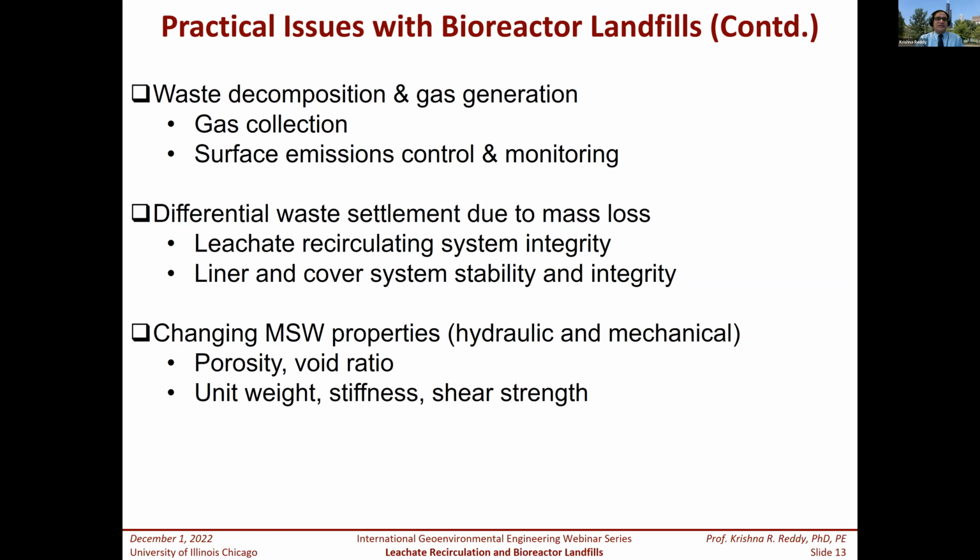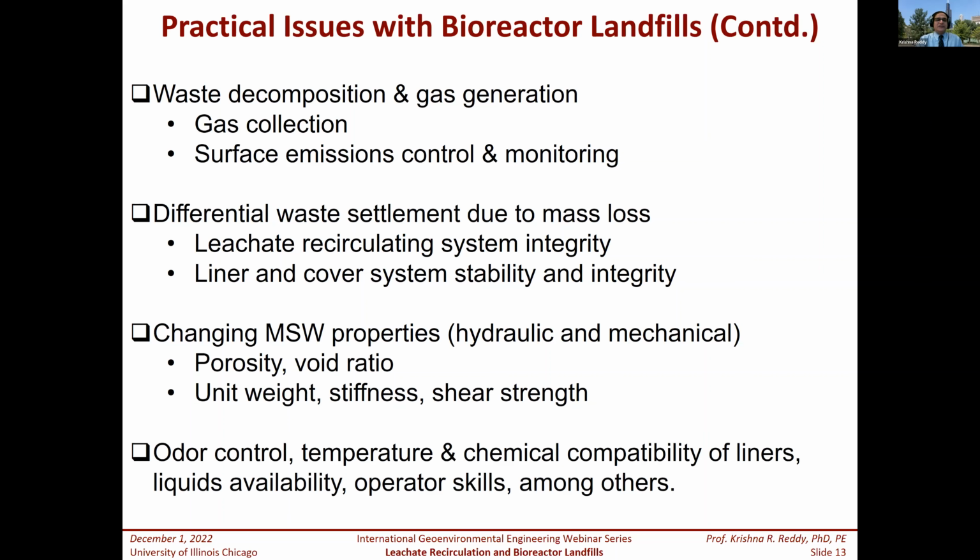So the porosity is changing, void ratio is changing, unit weight is changing, stiffness is changing, shear strength is changing. Geotechnical engineers assume the properties of the soils remain constant, right? But in case of municipal solid waste, the whole material composition itself is changing. So you have a very dynamic system that needs to be captured if you are doing any kind of analysis.